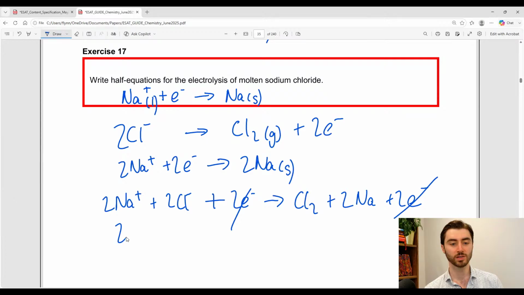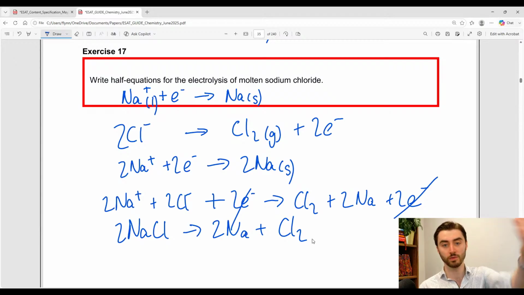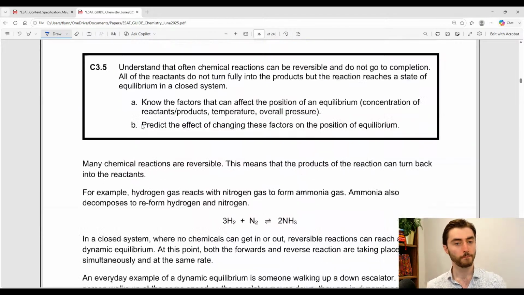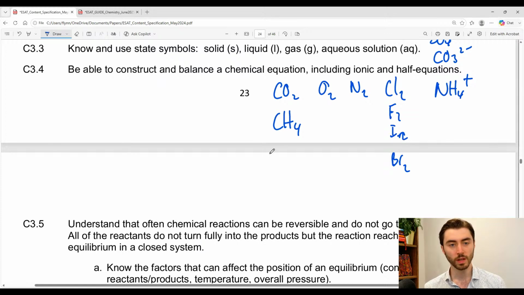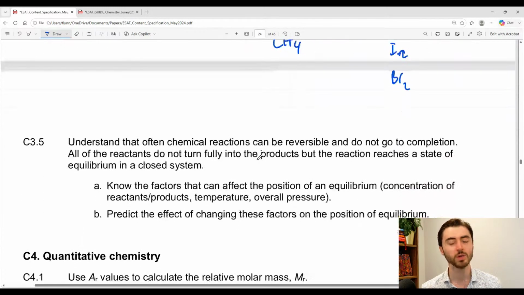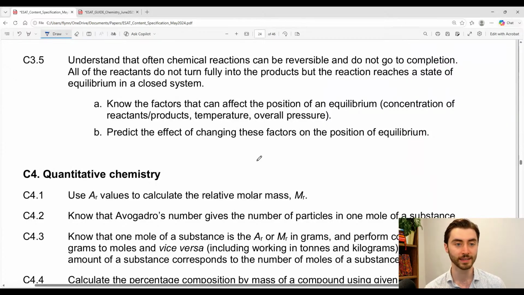And so it's really just 2NaCl breaking down into 2Na plus Cl2, which we expect from the overall equation. Okay. So hopefully that gives a bit of a sense of how to balance, but hopefully as well, that is not new to you if you're going to be doing chemistry for the ESAT.